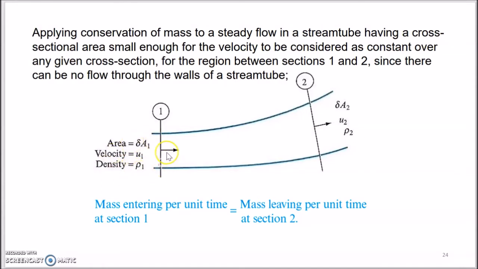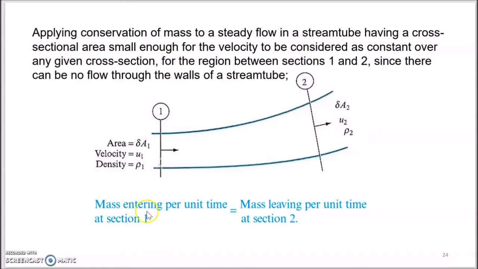The liquid flows from section 1 to section 2, where the area changes to A2, the velocity changes to U2, and the density may also change to ρ2.